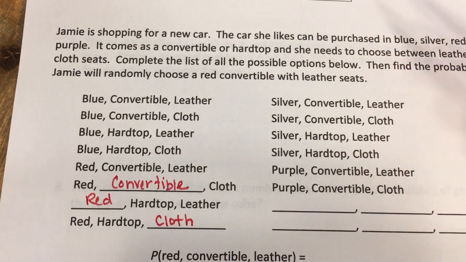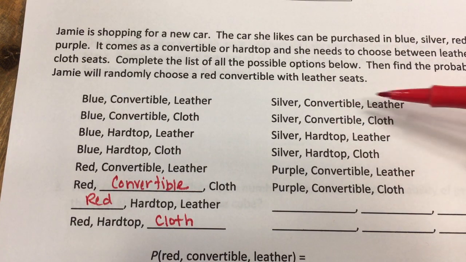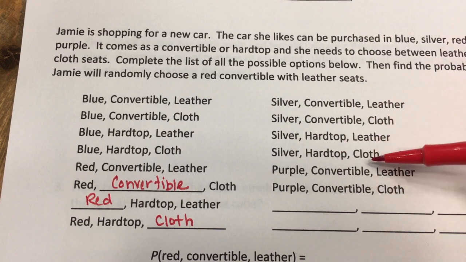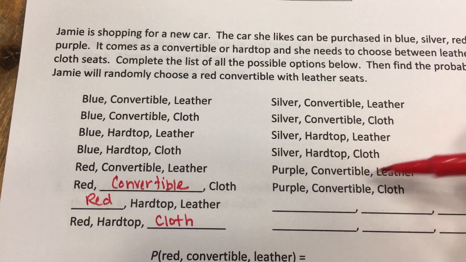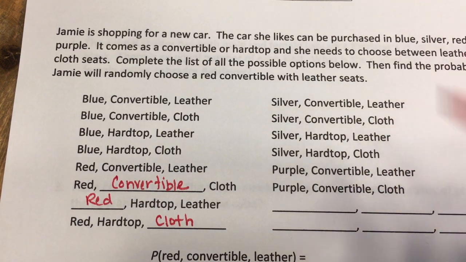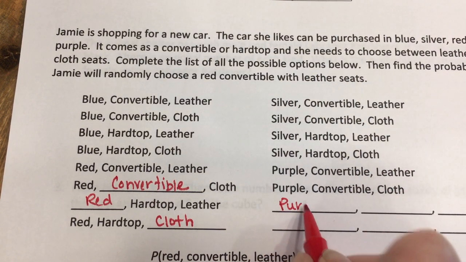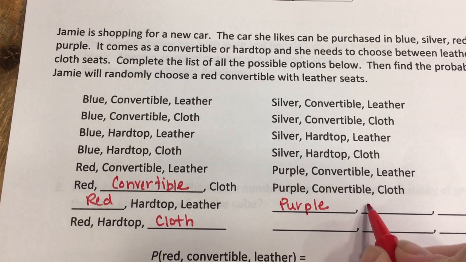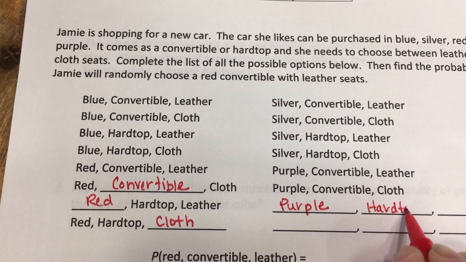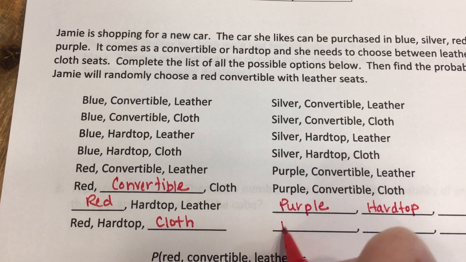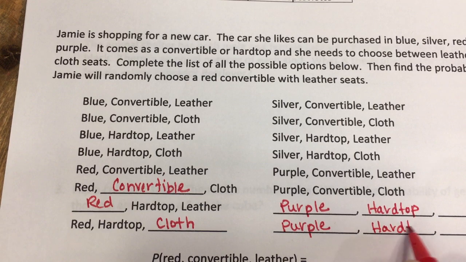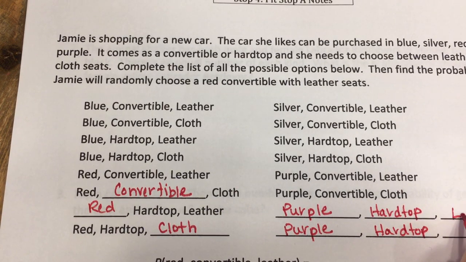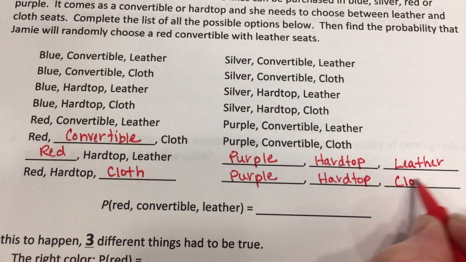Silver, convertible, leather, cloth, silver hardtop, leather, cloth, so those are all good. Or it could be purple, the last color, convertible, leather, cloth. There's still more purple, but instead of convertible, it could be a hardtop. There's two of those, purple and hardtop, and then you're either going to have leather seats or cloth seats.